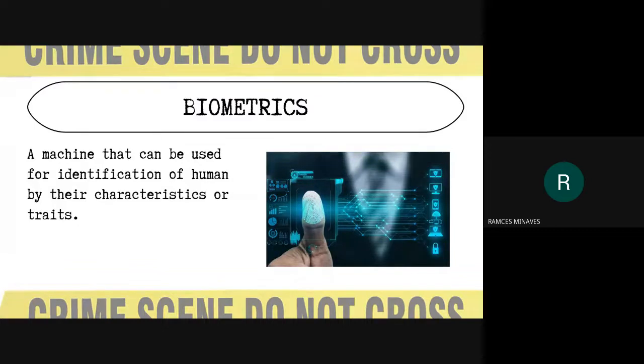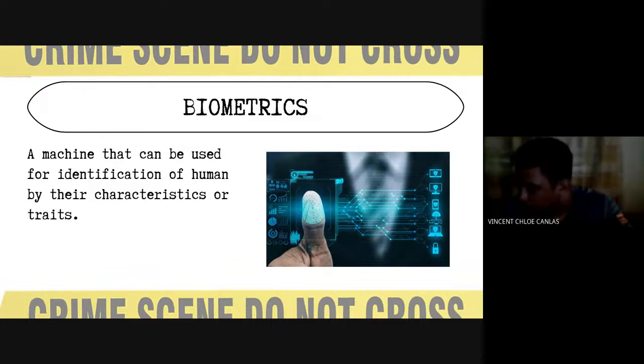The basic premise of biometric authentication is that every person can be accurately identified by their intrinsic physical or behavioral traits. The term biometrics is derived from the Greek words bio meaning life and metric meaning to measure.